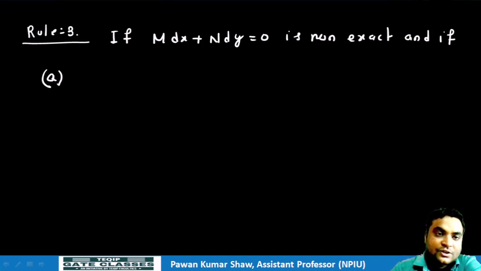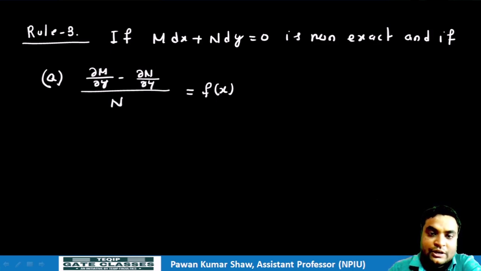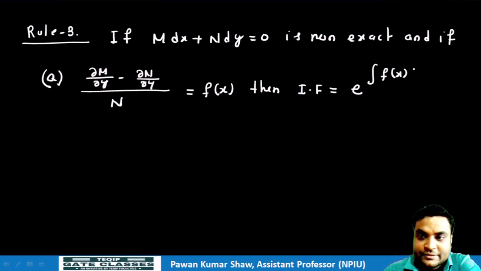The first part: suppose we calculate the quantity del M by del y minus del N by del x, divided by N, which is a function of x. That means this quantity is only in the variable x. In that case the integrating factor will be e to the power of the integral of f(x) dx.